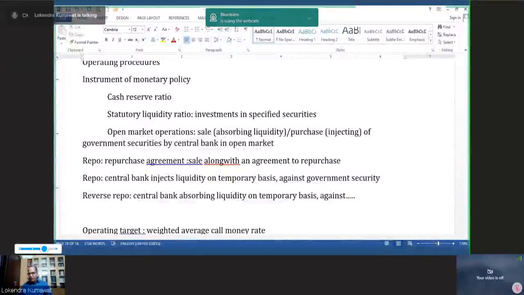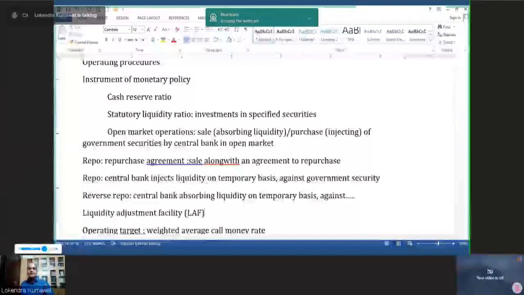These days, the Reserve Bank of India's primary operating instrument is something called the liquidity adjustment facility, LAF. The Reserve Bank of India conducts repo and reverse repo operations on a daily basis. Repo rate is the rate at which repos are conducted.